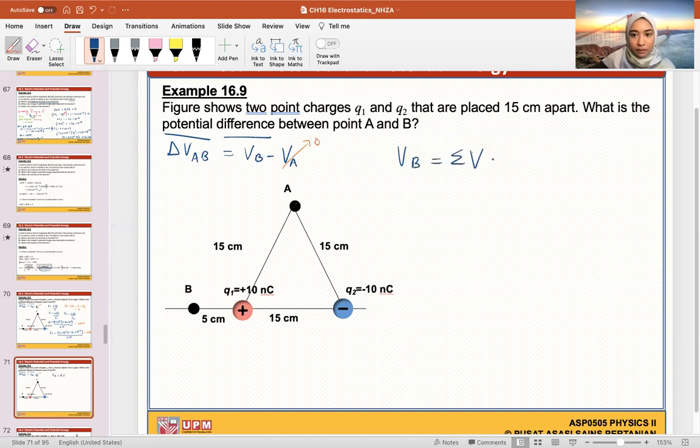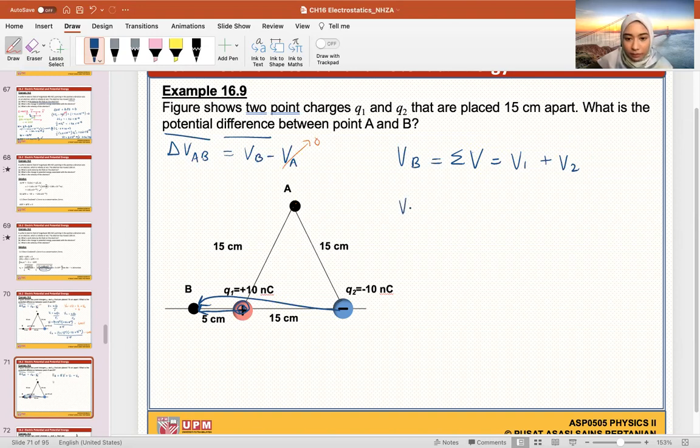Sum of V. So I need to know the effect of Q1 on B and the effect of Q2 on B. So I have two V's going on here: V1 with respect to B and V2 with respect to B. These are different from the previous V1 and V2. If you want to call them V3 and V4, you can, if you don't want to be confused.